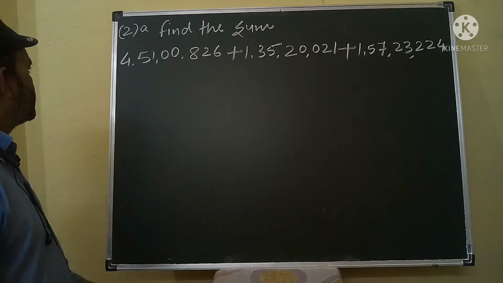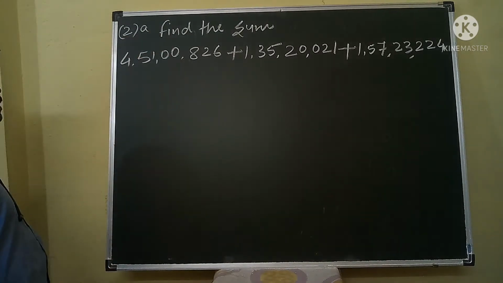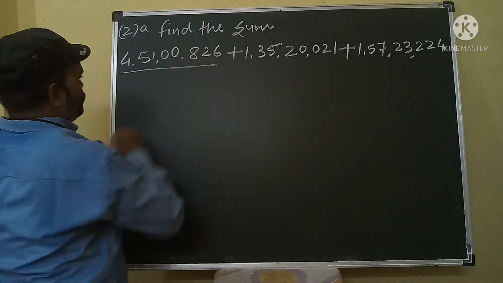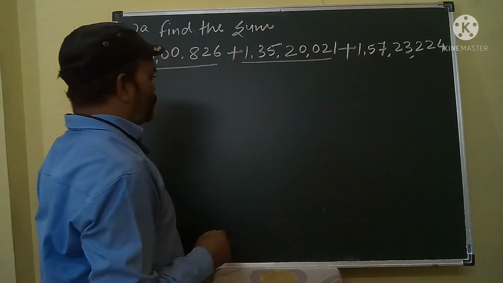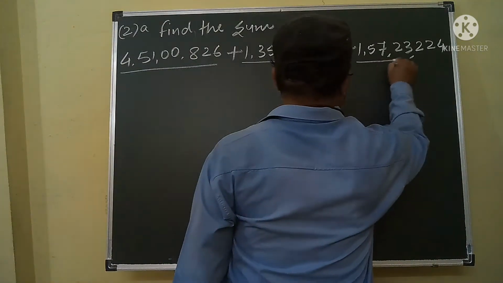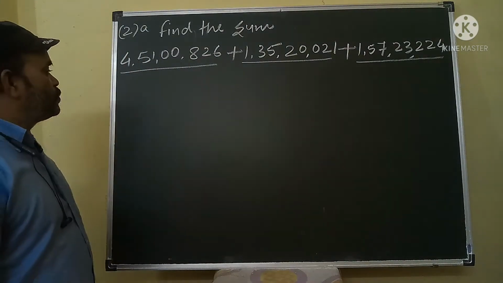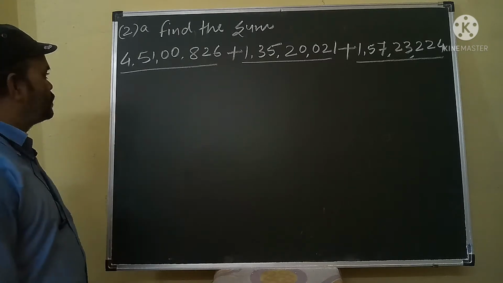Again, my dear student, your second question is find the sum. There are three natural numbers. This is the first natural number, this is the second natural number, and this is the third natural number. How will you add these three numbers?